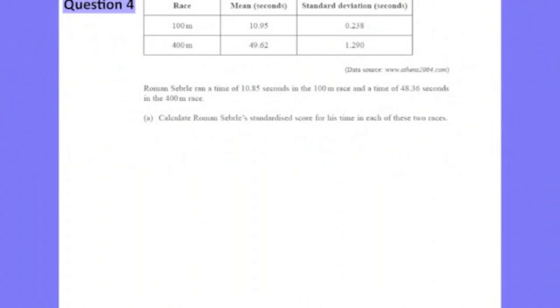We're asked to calculate the standardized score. So remembering back to the standardized form, we take the value, we then subtract the mean and divide by the standard deviation. So first off, let's take a look at the 100-metre race. So Roman, his time was 10.85.